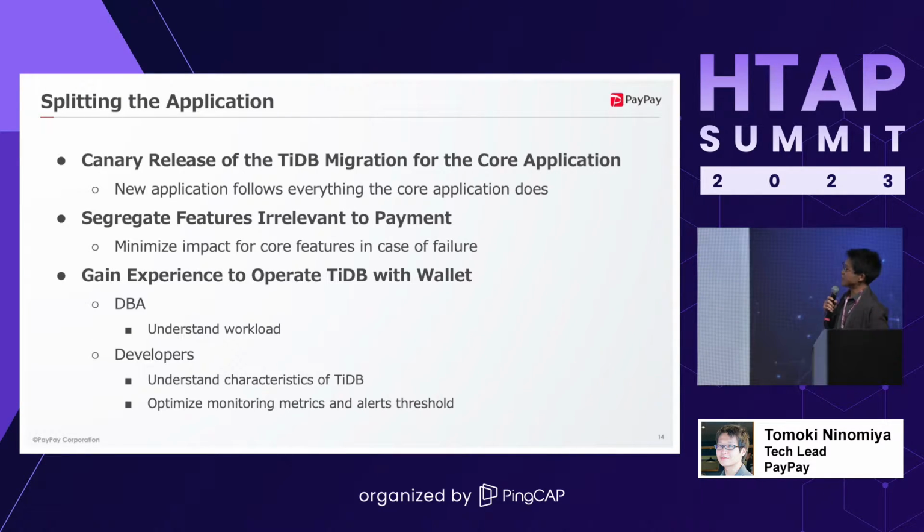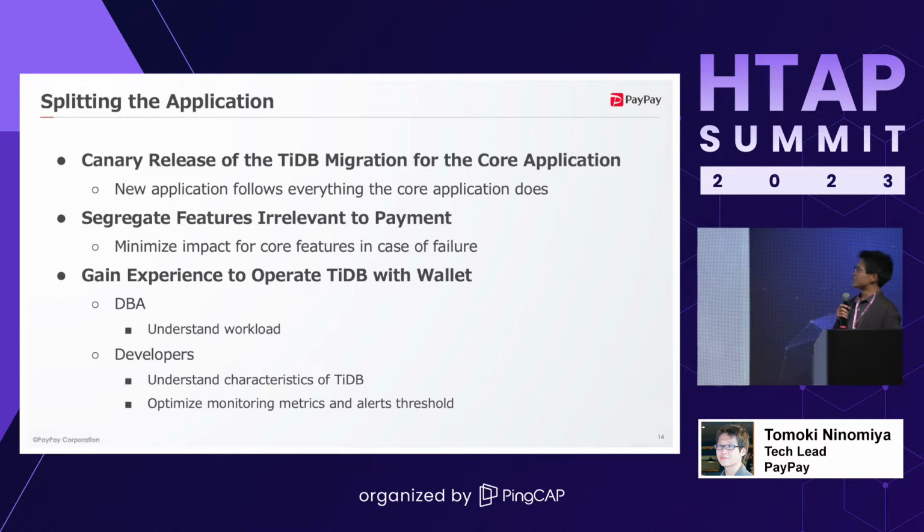So first of all, splitting the application. The motivation was to realize a smooth release of the TiDB migration for the core application. Ideally, we should make a phased release, I mean, gradually rolling out new databases. But due to the characteristics of the application workload, we needed to make a cluster switch in one shot.